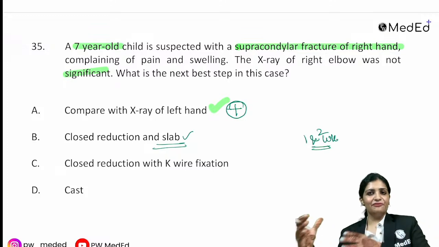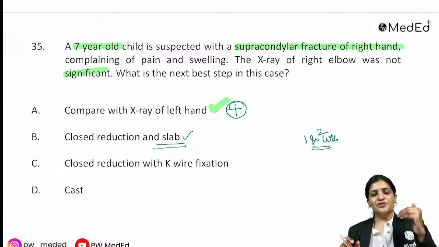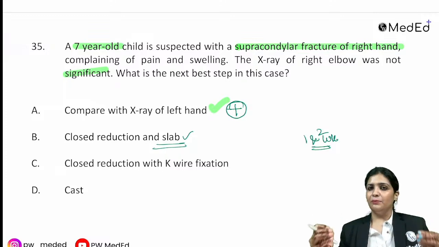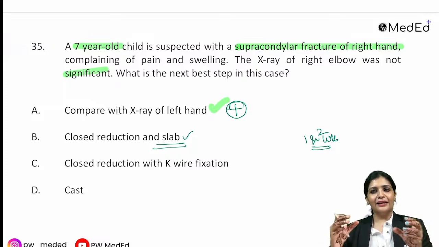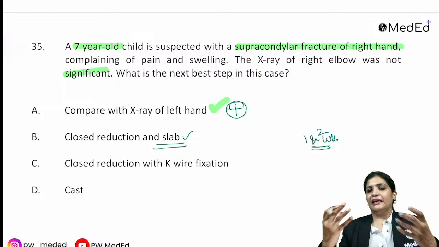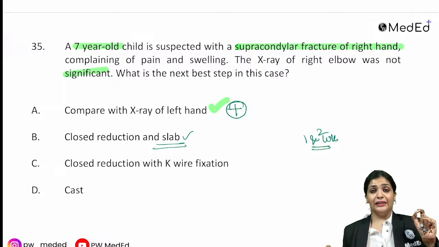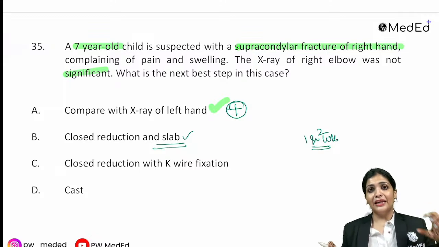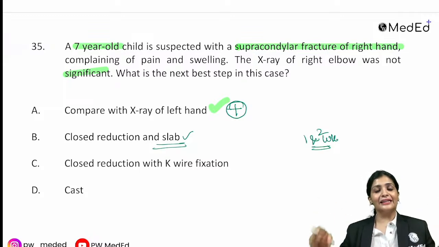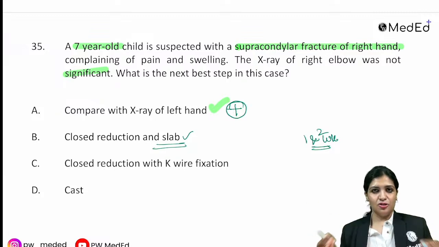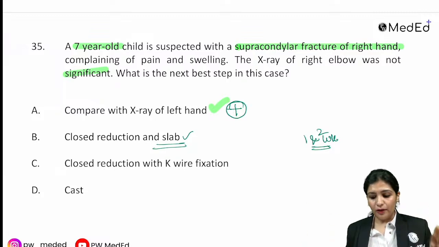If you now find the fracture, that is well and good. But if you still don't find the fracture after 2 weeks of immobilization, then you can be assured that there is no fracture, and you can remove the slab and reassure the patient that everything is normal. But for the first time when you see an X-ray with no abnormality and still you think there is some problem, you have to always immobilize the joint, right? So these two hold good.